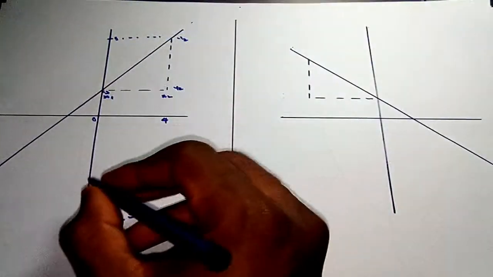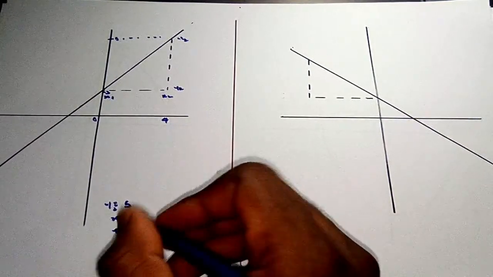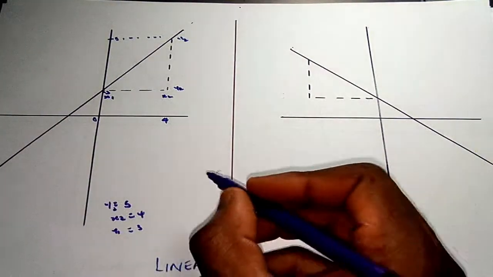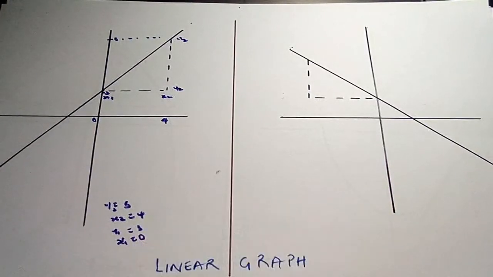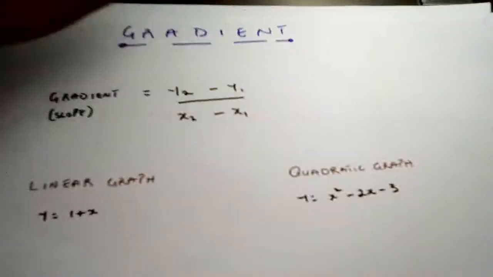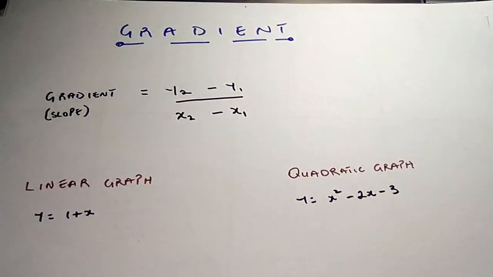Okay, so your y2 is 5, your y1 we're just assuming is 3, then your x1 equals 0. Just like we mentioned, we're going to put those values in this format for us to find the slope.